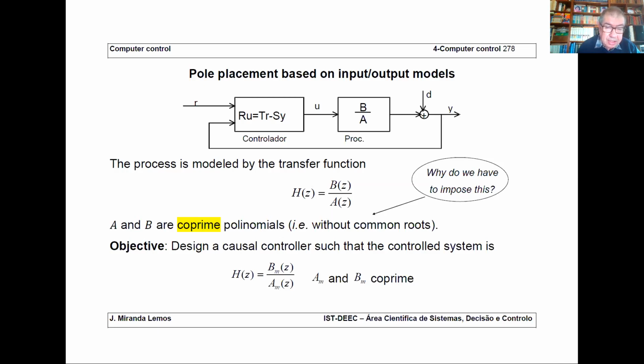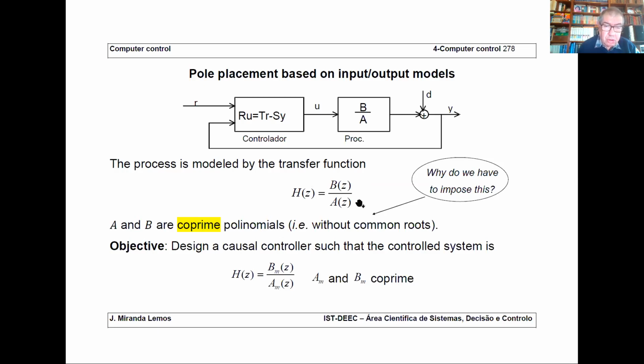But what can be seen from a deeper point of view, which I'm not going to show you, is that this imposition that B and A have no common roots corresponds to the controllability condition.